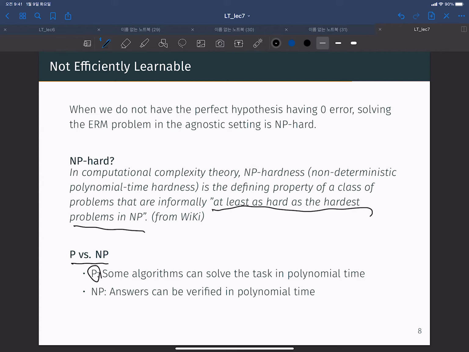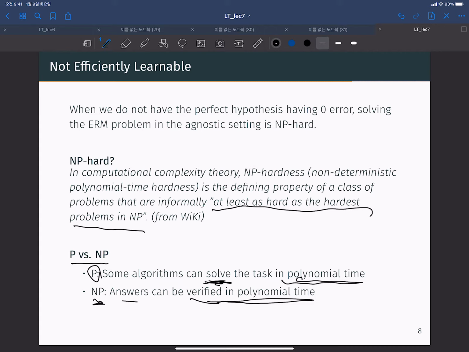So the keyword is solve in polynomial time. Whereas for NP, we can verify the answer in polynomial time. So the keyword is verified in polynomial time.